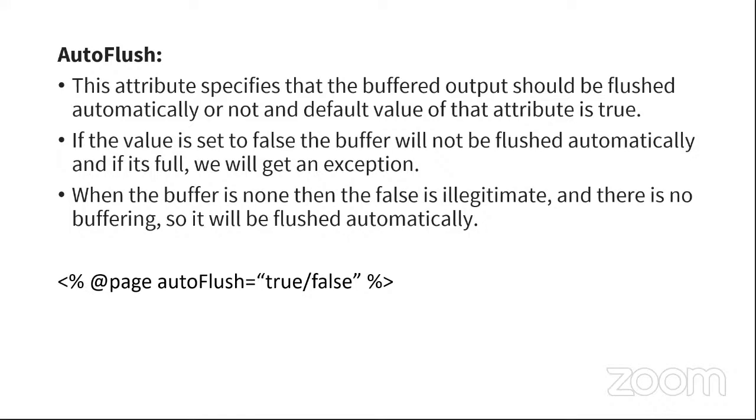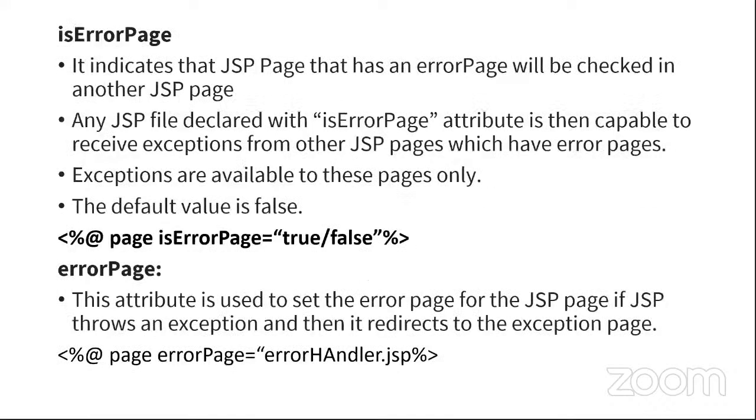If the value is set to false, the buffer will not be flushed automatically, and if it is full, we will get an exception. When the buffer is none, false is illegitimate and there is no buffering, so it gets flushed automatically. By default it's true.